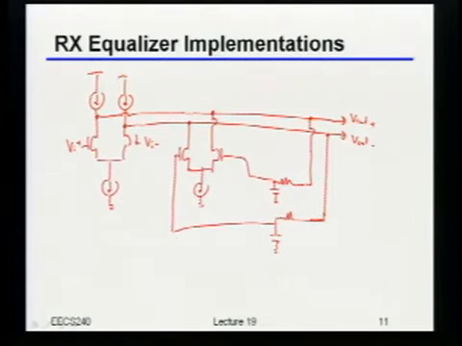I just wanted to make sure I didn't create a positive feedback loop instead of a negative feedback loop. But I think I got it right. If you don't believe me, just walk from here to there. At DC, it looks like a diode-connected transistor, which is basically saying at DC, it's tied into some sort of negative feedback.